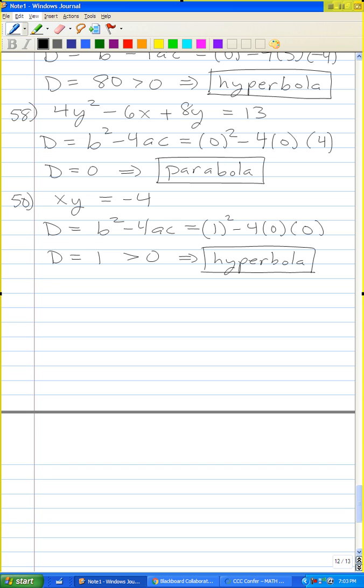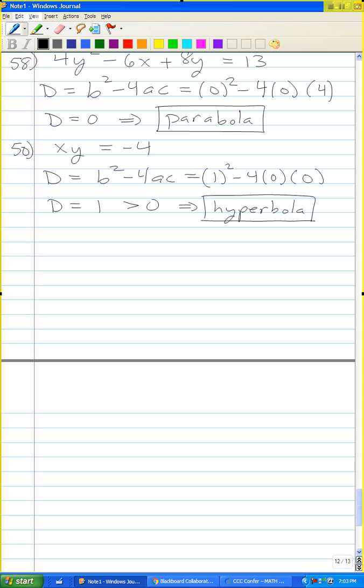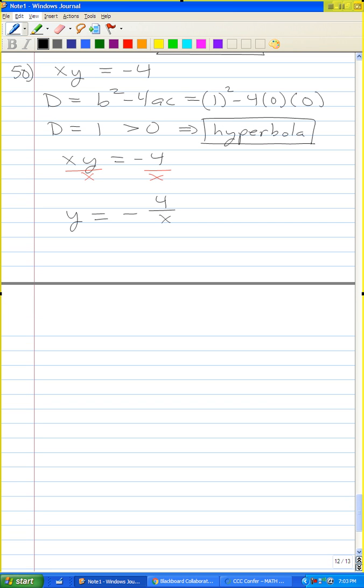So the graph of that looks like a hyperbola. Let's sketch a graph of it. Notice that if I divide here by x, I have y equals negative 4 over x. And so I can sketch this.